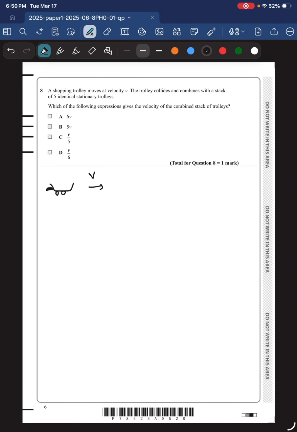It moves with velocity v, and it collides with 5 stationary trolleys: 1, 2, 3, 4, 5. So the mass of this one is m, the mass of these is 5m, and this is before and after they all stick together, so all 6 of them.